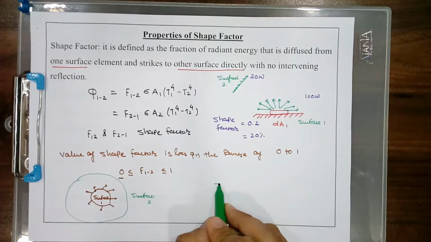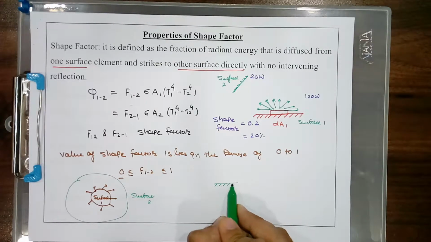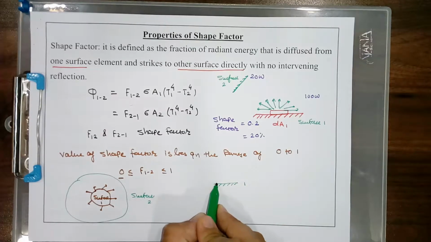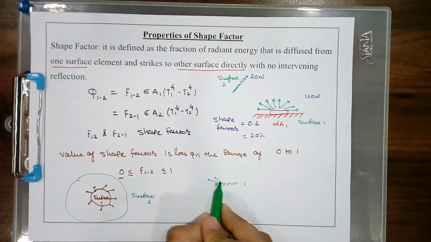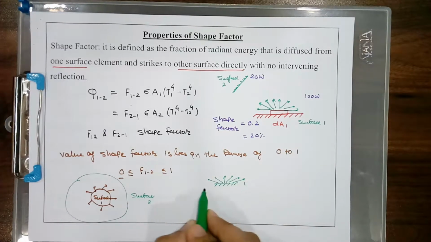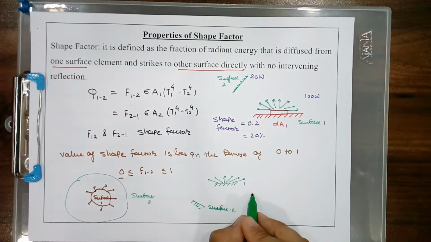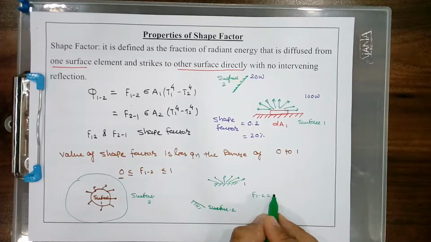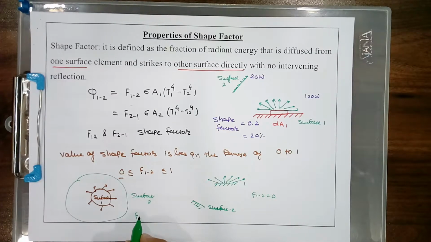Now I'm taking another example. Suppose this is my surface 1, which emits radiation, and I locate surface 2 over here. In this case our shape factor becomes 0.